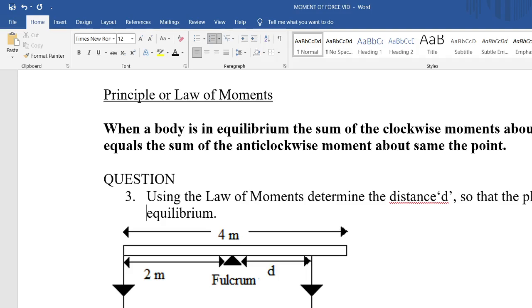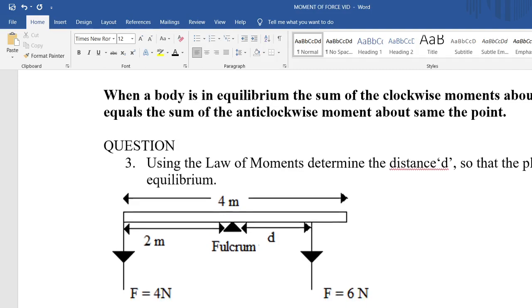When you're looking at moment, one important thing to do is to consider each force individually as you go along. We're going to consider our 4 Newton force and see if it will cause this seesaw to spin clockwise or anti-clockwise.